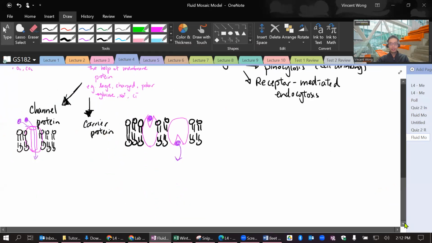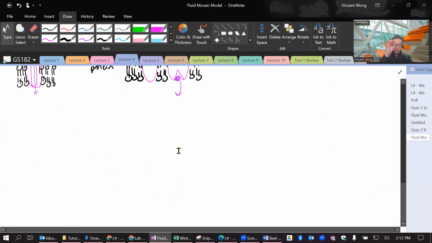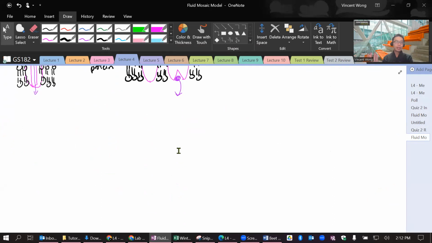So in the lab, we're trying to see how temperature affects membrane permeability. We choose beetroot because of its bright color, so it's easier to see. Generally, the color stays within the bead, and it's only when the membrane starts to break down that you will see the pigments leaking out.